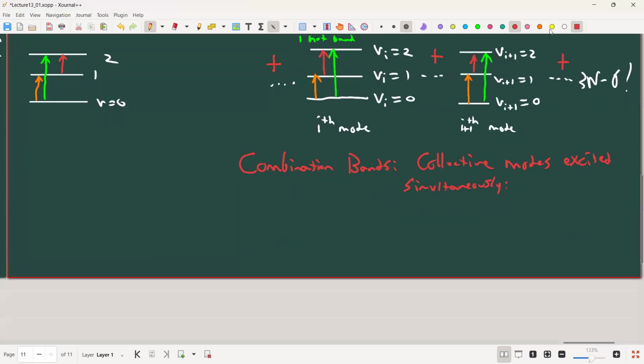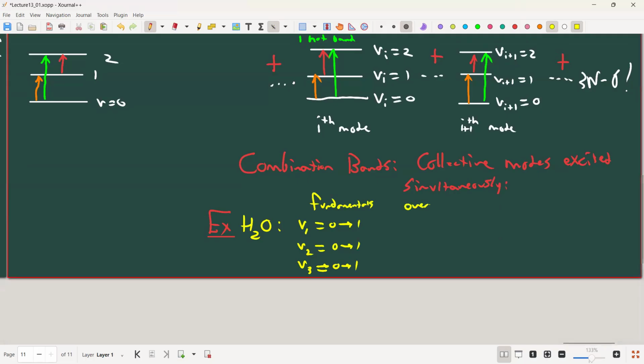Right? So for water, I have V1 going from 0 to 1. I have V2 from 0 to 1. V3 from 0 to 1. Right? I have those fundamentals. I have the overtones and so on, 0 to 2.